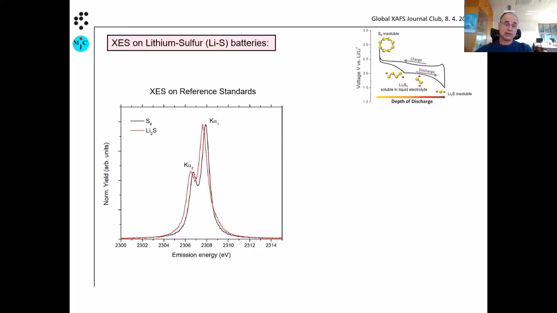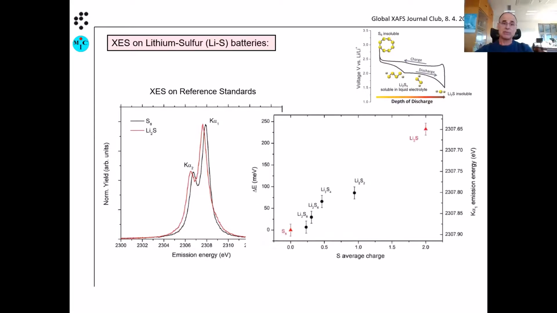These are, for example, the two standards which represent the initial and final state, and you never get 100% conversion. So this would be an ideal case, which you will never achieve. But we asked our chemistry colleagues, they prepared standards, the closest approximation to this polysulfide.